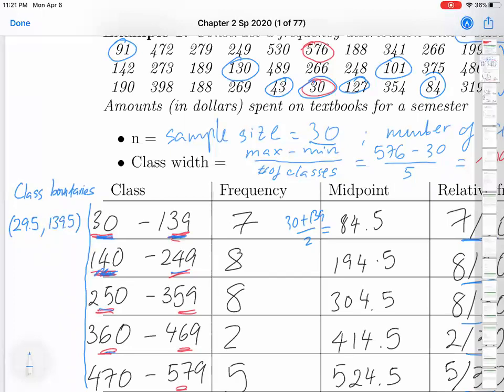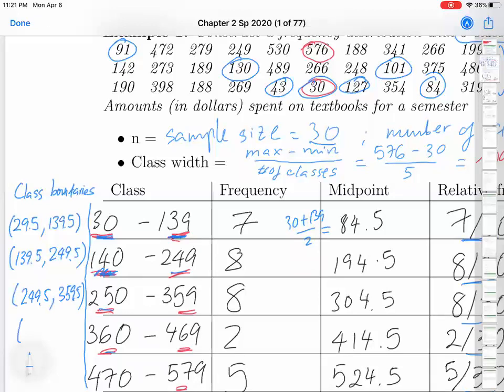So 139.5 is the in-between value. And similarly, I use 139.5 for the lower boundary and 249.5 for the upper boundary. And here I have 249.5 and 339.5.